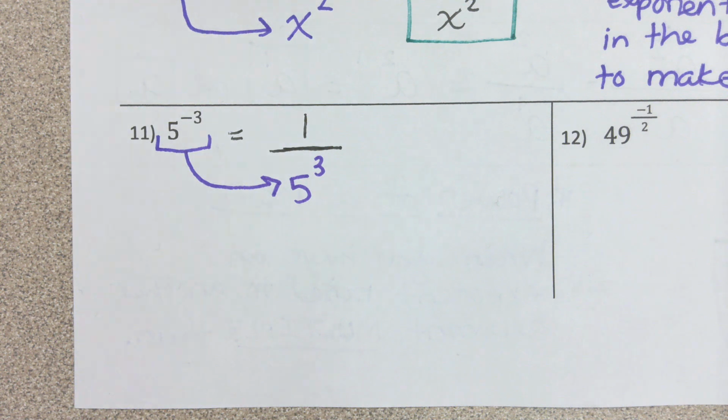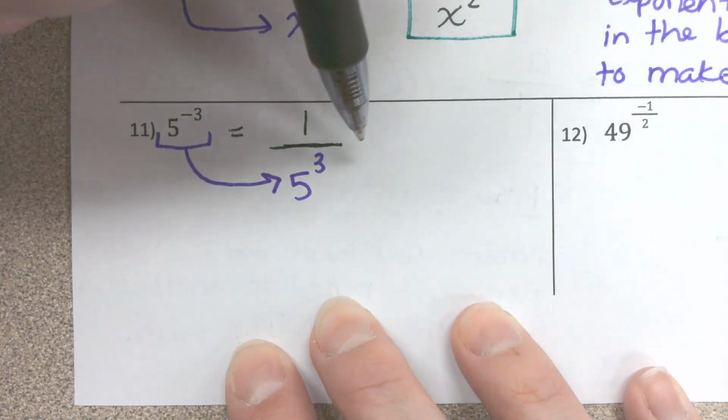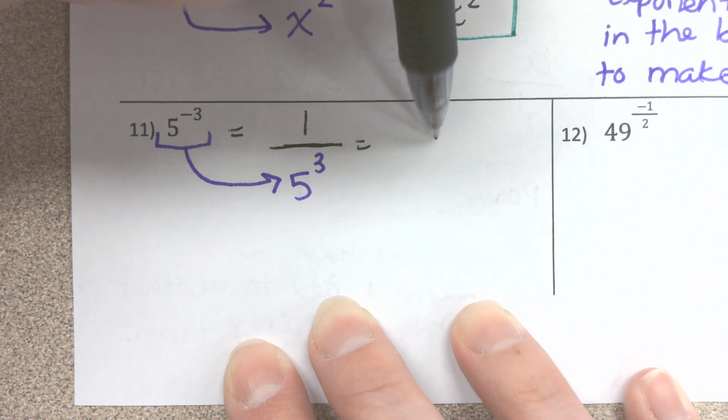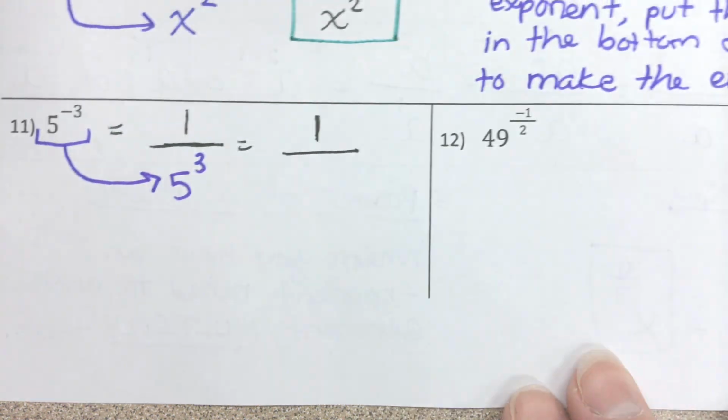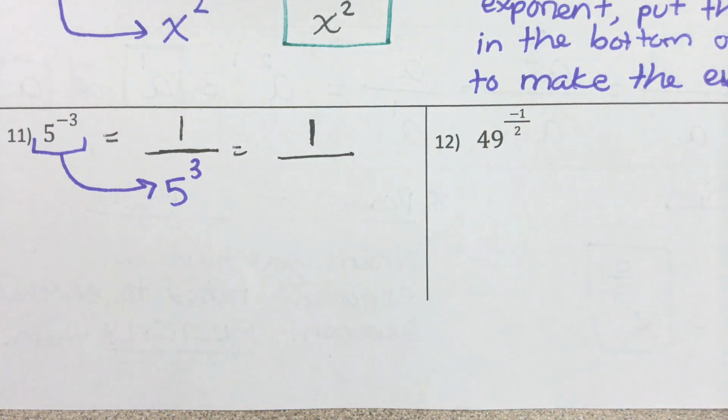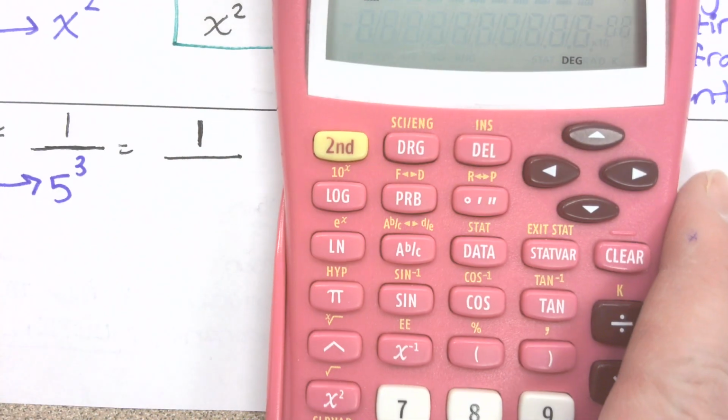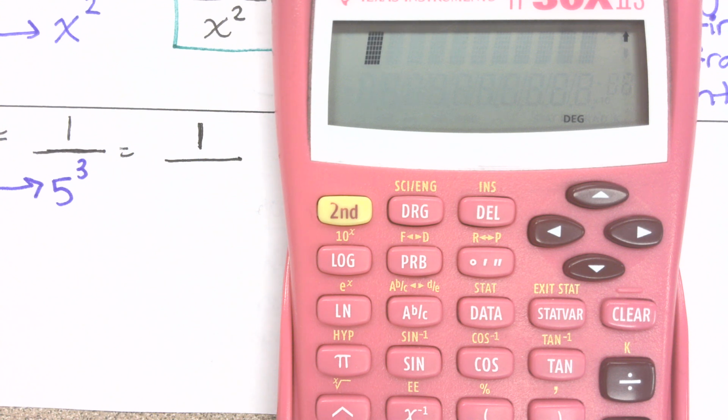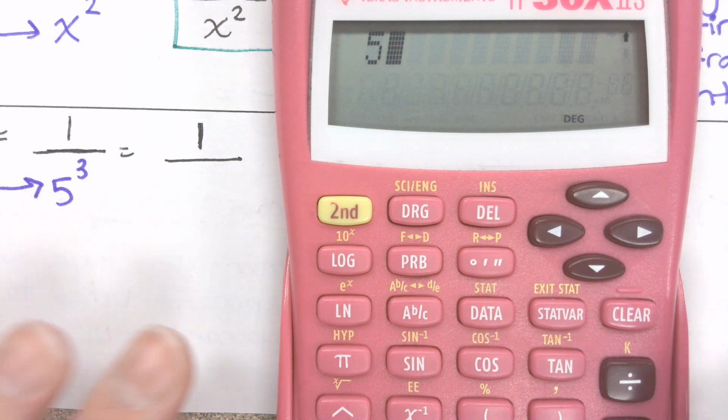Now this is an actual number we can get an answer to, so don't just leave it as 5 cubed. Actually figure out what that number is. That's what the calculators are for. Regardless of what your calculator looks like, this will be done the same way. We're going to have a 5, and then when you have an exponent that's higher than 2, we have to use the caret button.